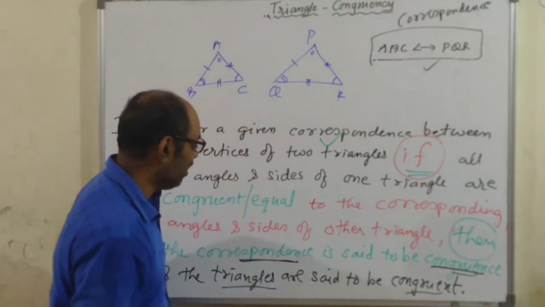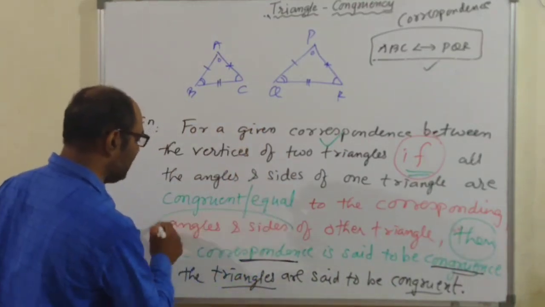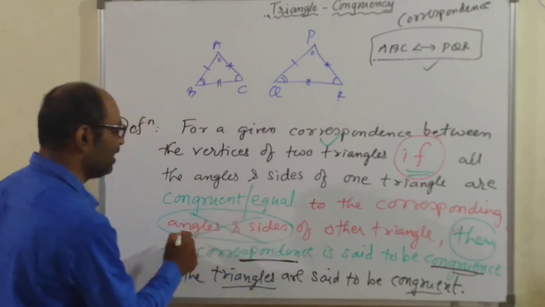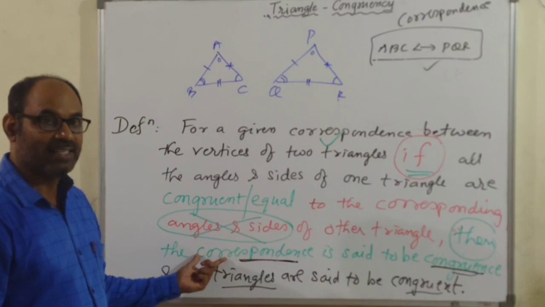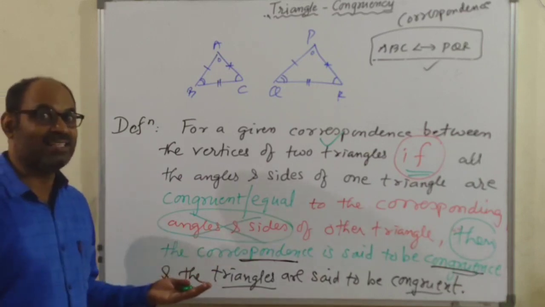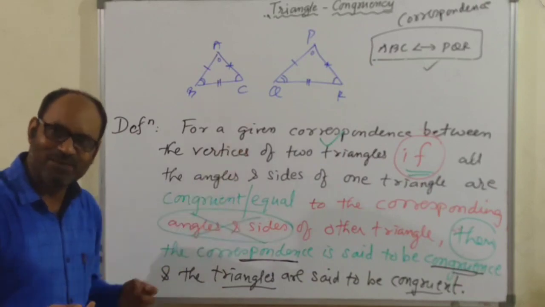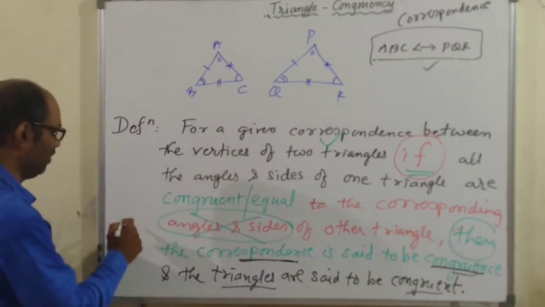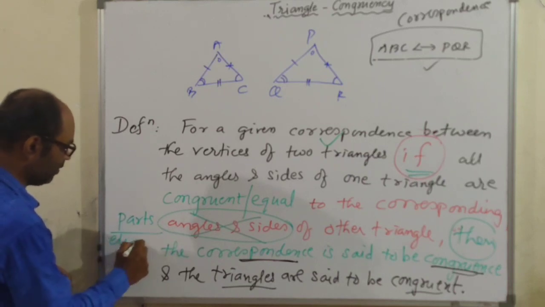Children, can we write one word for this? Here I will write angles and sides, but here I am not going to write angles and sides. What are angles and sides of a triangle called? Parts of triangle, elements of triangle. You have seen in the beginning of this video. So parts, or you may say elements.